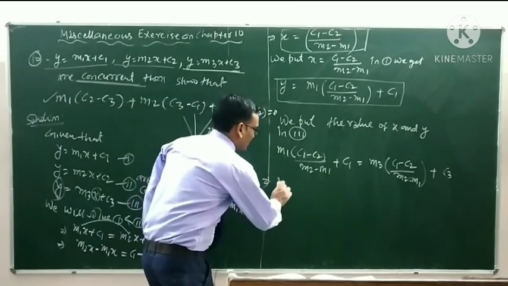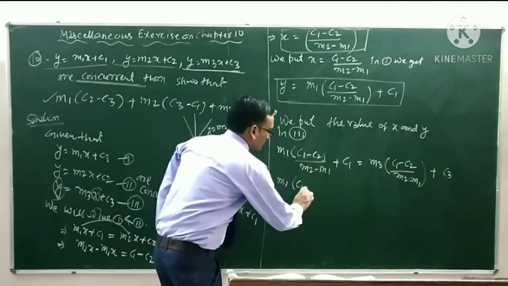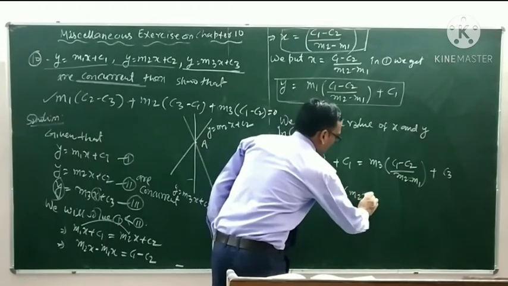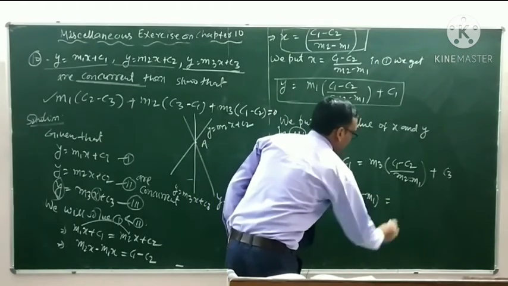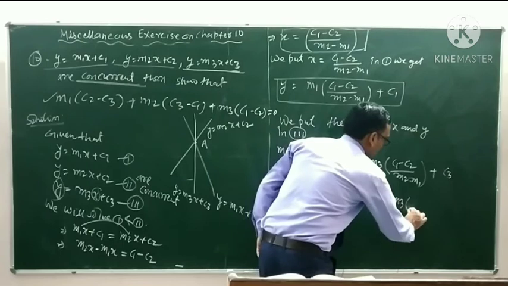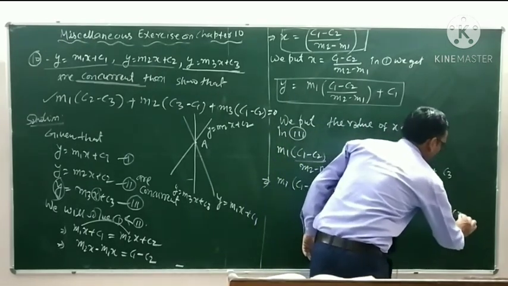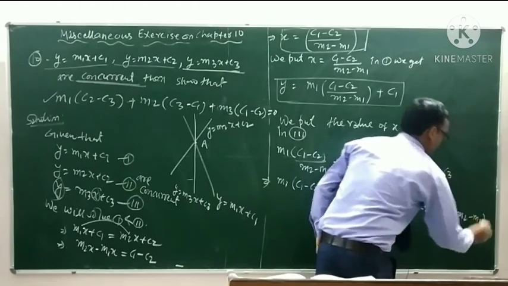This implies that m1 into c1 minus c2 plus c1 into m2 minus m1 is equal to m3 into c1 minus c2 plus c3 into m2 minus m1.